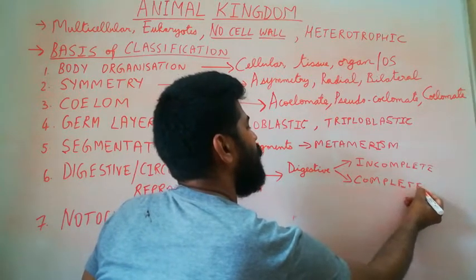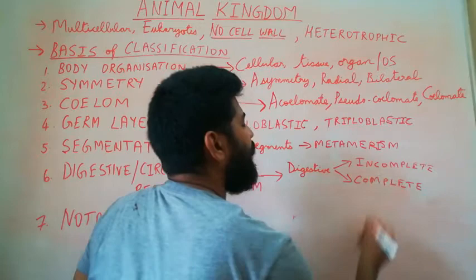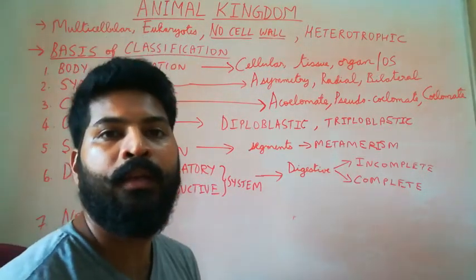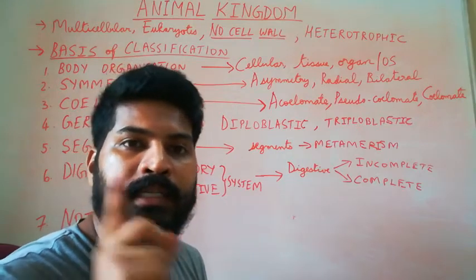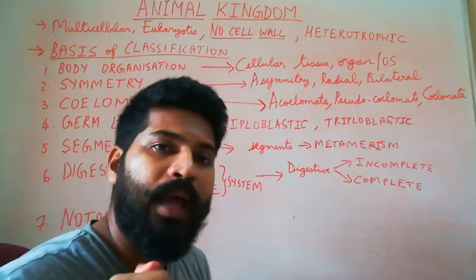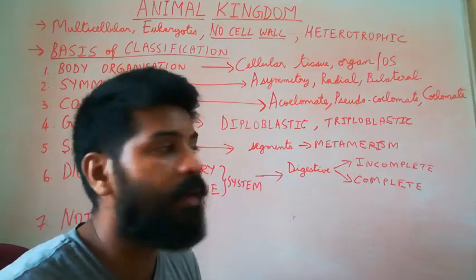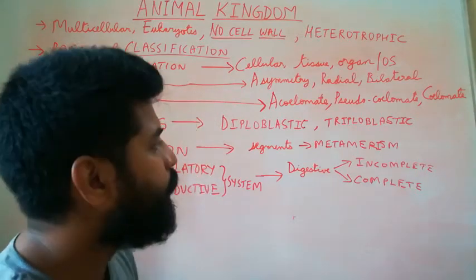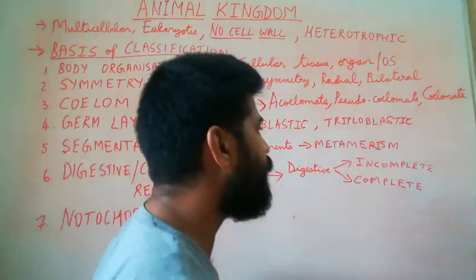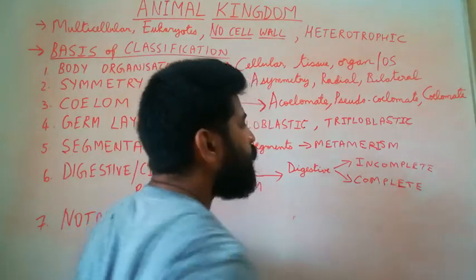For example, an incomplete digestive system is one where there is a single opening. It functions both as the mouth as well as the anus. Example, flatworm.